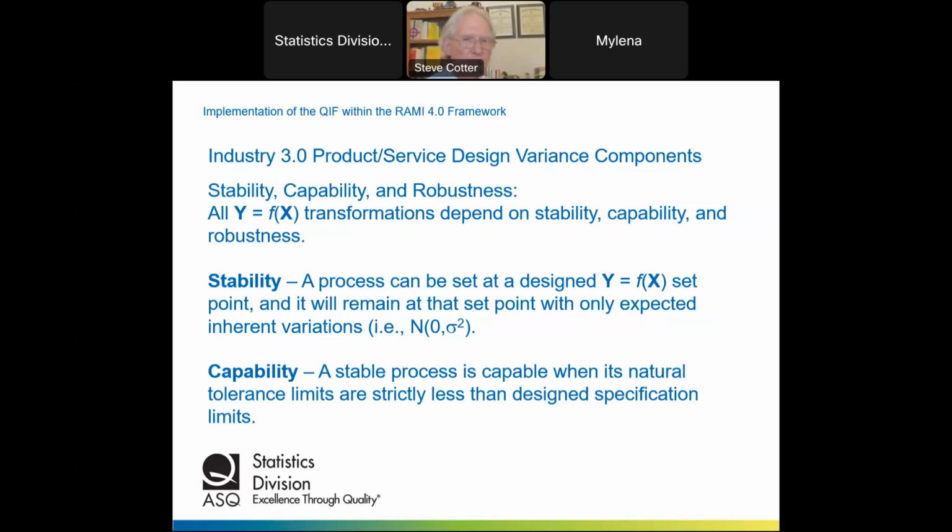Capability: a stable process is capable when its natural tolerance limits, typically the plus or minus 3 standard deviation limits for normally distributed errors, although they don't have to be normally distributed, and you can develop process capability indices for non-normal processes, are strictly less than the design specification limits.